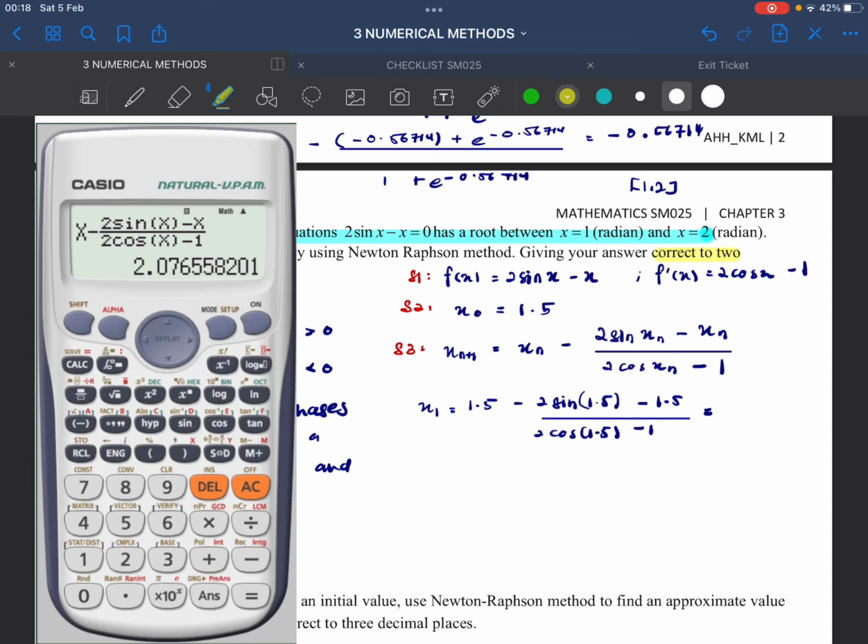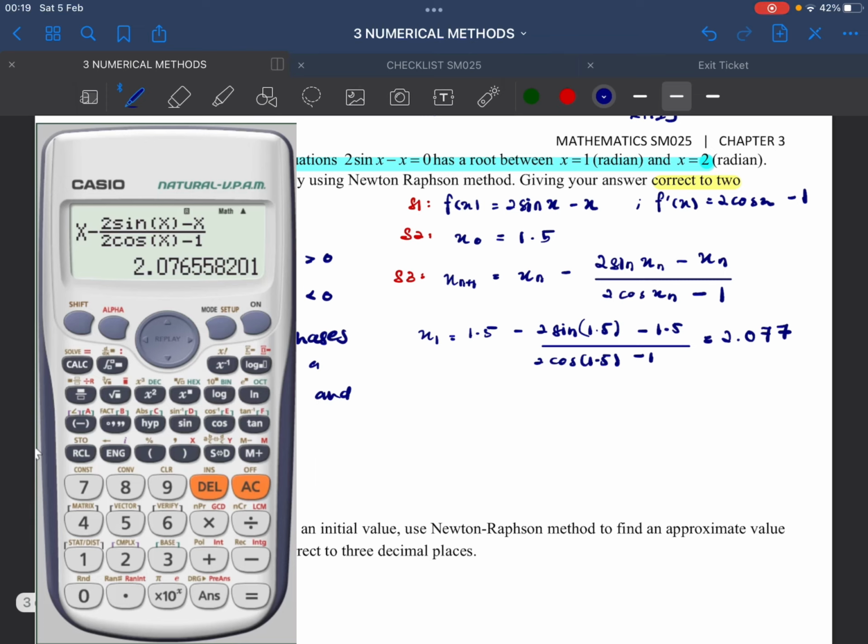Okay, that means in your working step you have to put 3 decimal places. Lebih pun tak apa, lebih tak apa, yang penting jangan kurang. Okay, so let's put 3 here. We are going to put 2.0765, that means 2.077. Okay, so we have 3 decimal places there. So for your x2, mesti kena tunjuk juga substitution.